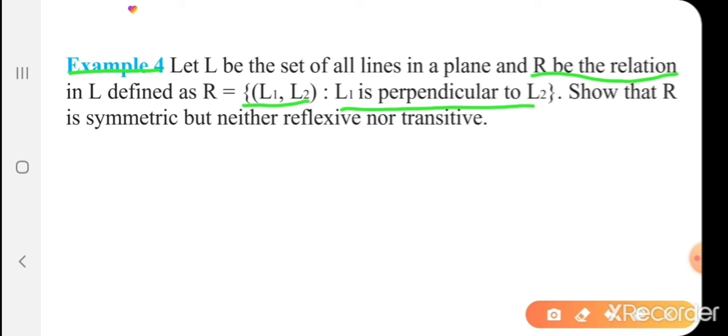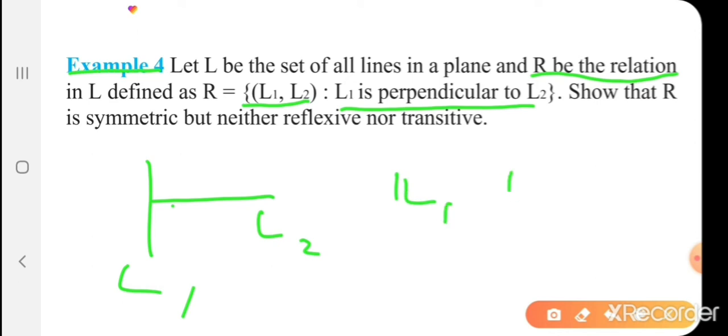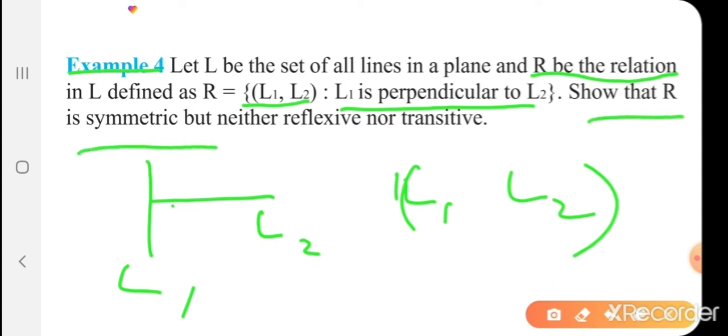That means this is line L1 and this is line L2. Clearly L1 is perpendicular to L2, so L1 is related with L2. Then show that R is symmetric but neither reflexive nor transitive.